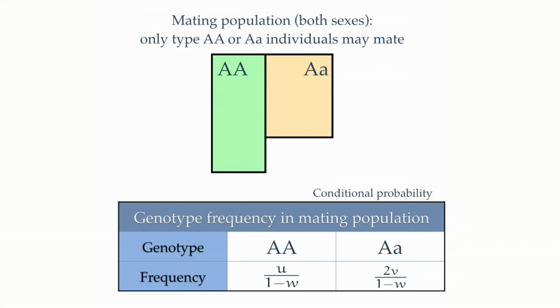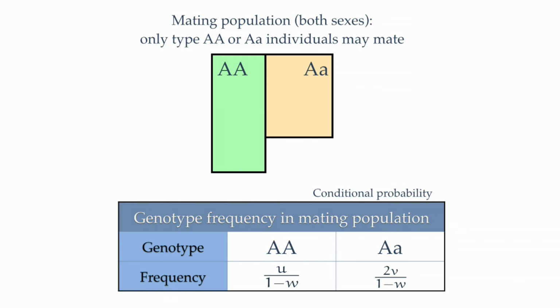There will be normal and homozygous from the mating population with a probability of U divided by 1 minus W. The factor 1 minus W in the denominator is just renormalizing so that the smaller subset of mating individuals now has got unit size. Of course, this is just conditional probability, right? What we are saying is U over 1 minus W is exactly the same as U divided by U plus 2V, because U plus 2V plus W is 1.